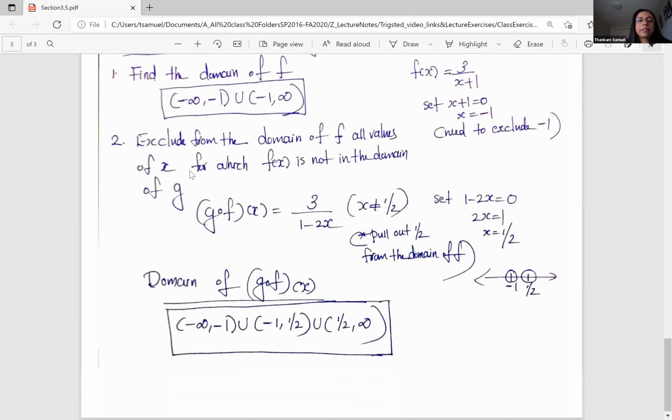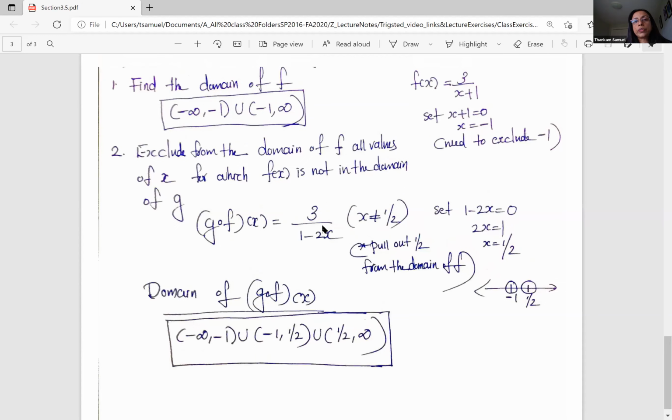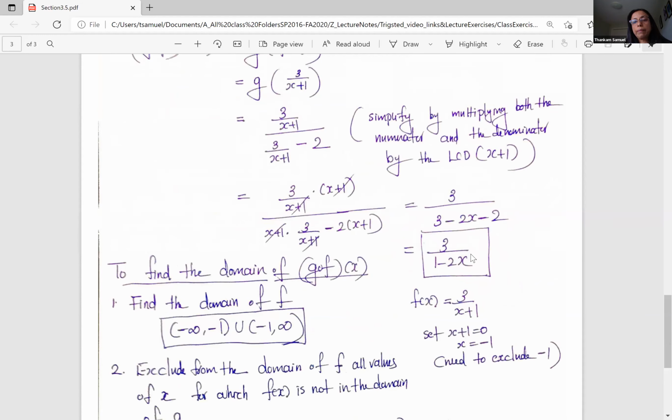Now, the second step is to exclude from the domain of f all values of x for which f of x is not in the domain of g. Okay, so we found the composite function g of f of x as 3 over 1 minus 2x. That's what we found out, right?